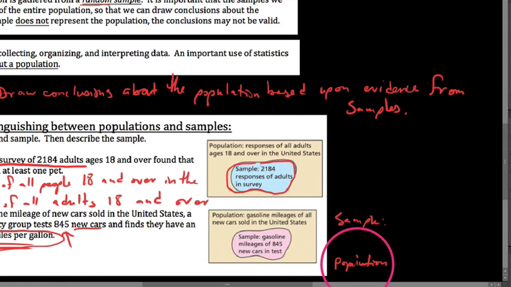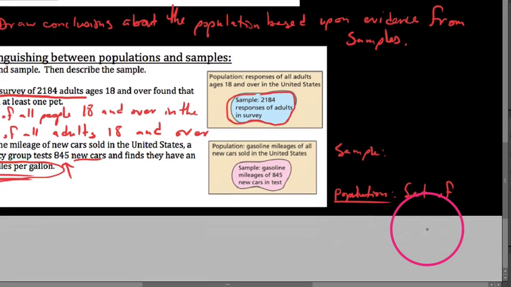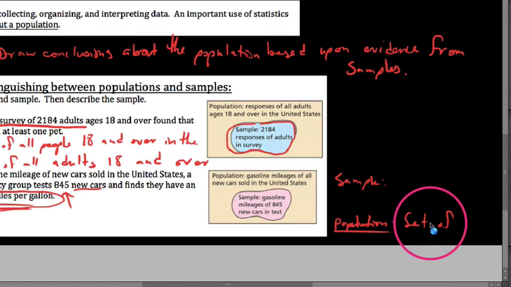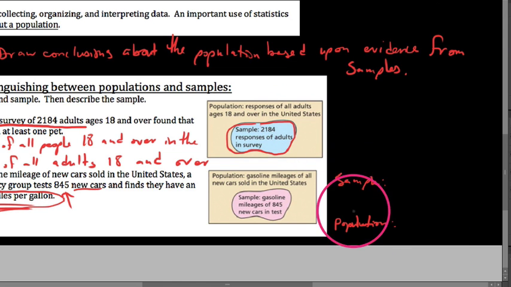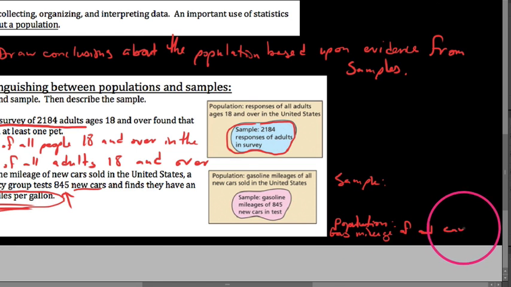The population is the set of, I suppose, all new cars in the United States, or at least the gasoline mileages of all new cars in the United States. So if I scroll down just a little bit here, give myself some room, we'll put it up here. We say the gas mileage of all cars, and we better be clear here, new cars in the US.